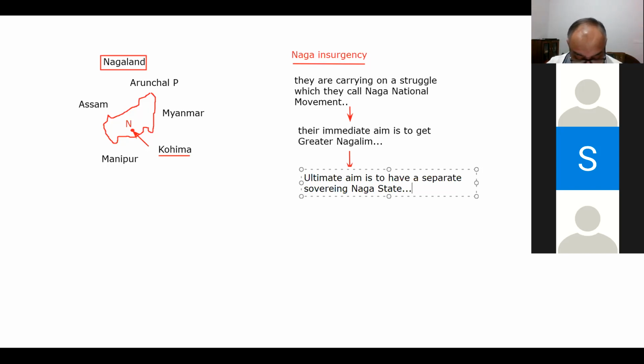They basically demand this separate sovereign Naga state. So they have been waging this war since the beginning of the 20th century, right?